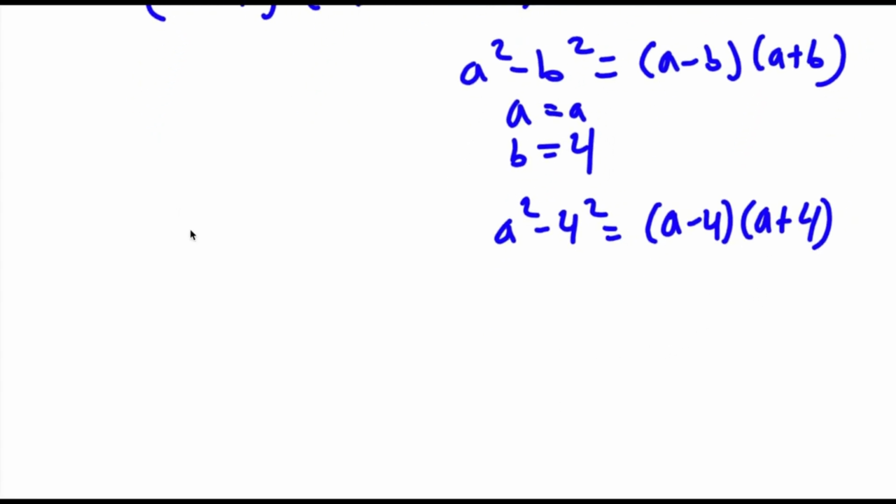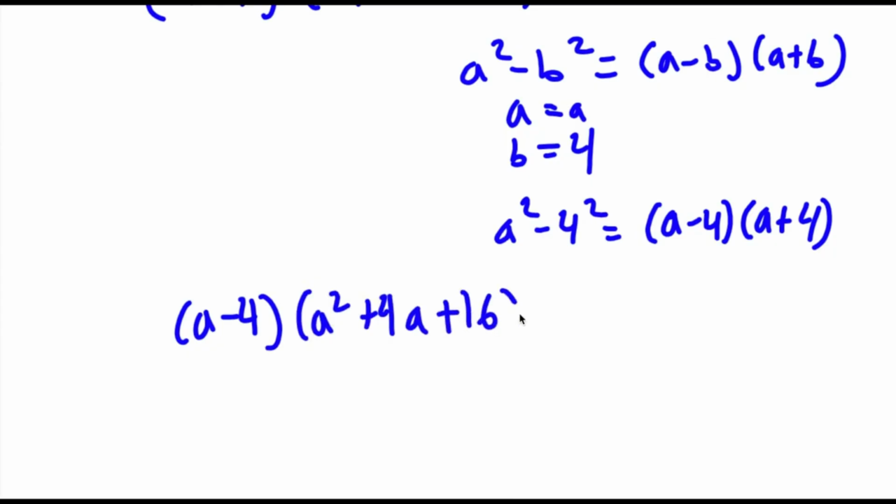So now I have a minus 4 times a squared plus 4a plus 16 plus a minus 4 times a plus 4 is equal to 0.